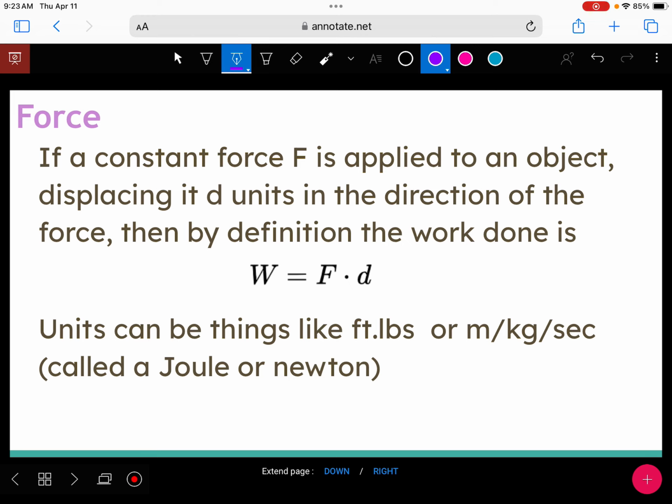Force is given to us as a vector, and displacement is given to us as a vector, so we can find things using our vector operations. The units are going to be weird, things like foot-pounds. Whatever units you're given, just put both of them there and go, okay, crazy unit, that's what you are.